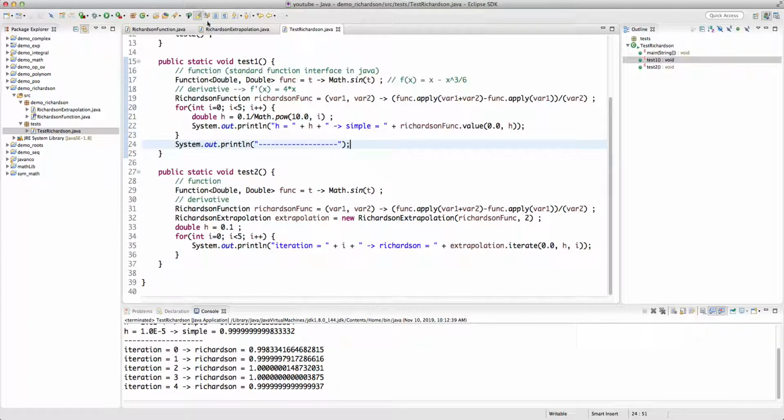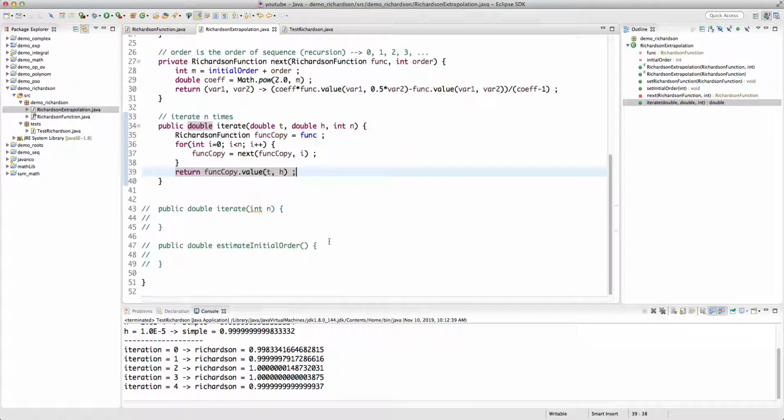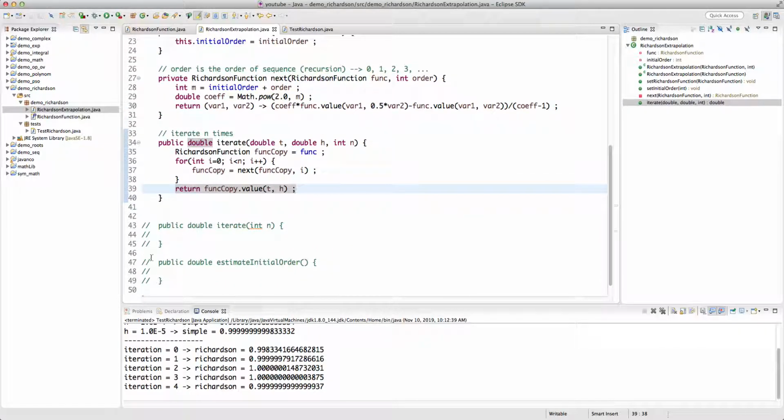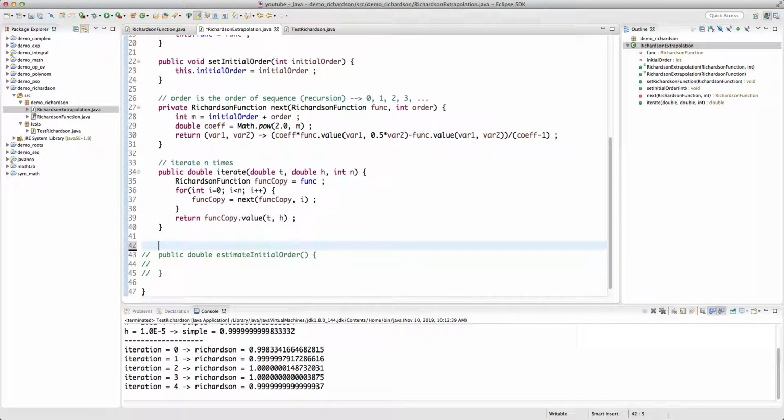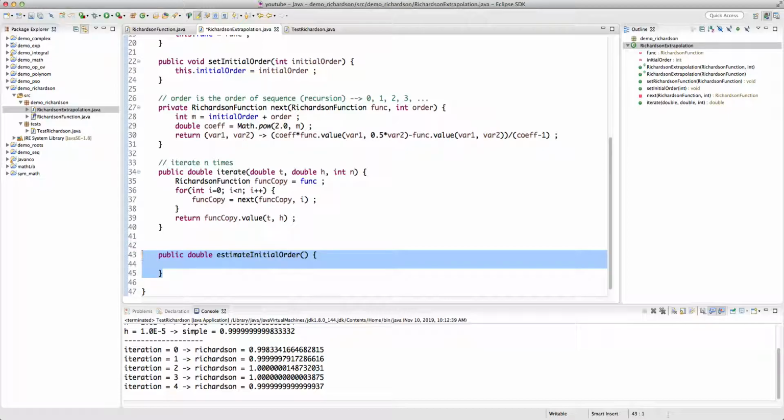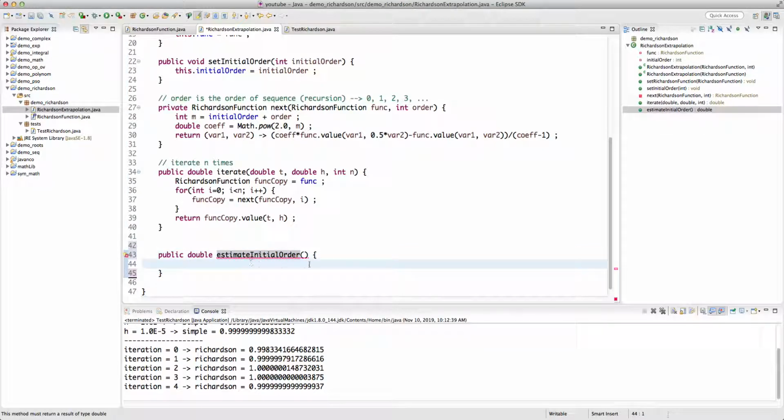Now what I'm going to do here, I'm going to go back to the Richardson approximation and let me just remove this. I'm going to implement this method, estimate initial order, and in estimate initial order we are going to use the first iteration, okay?